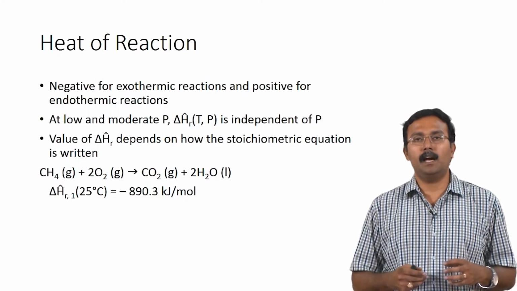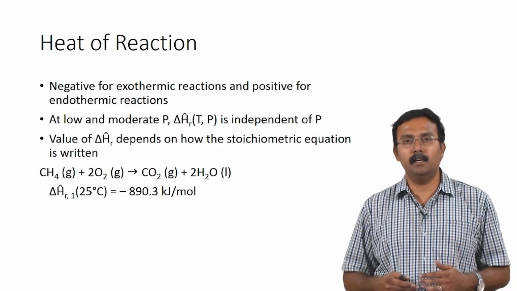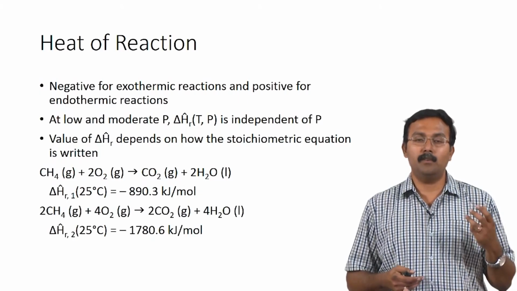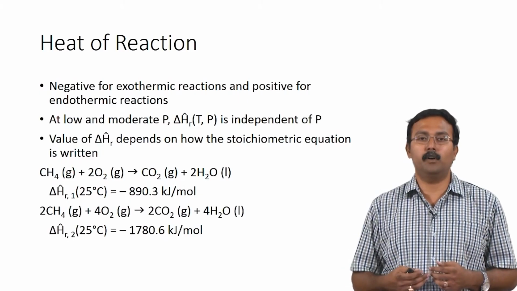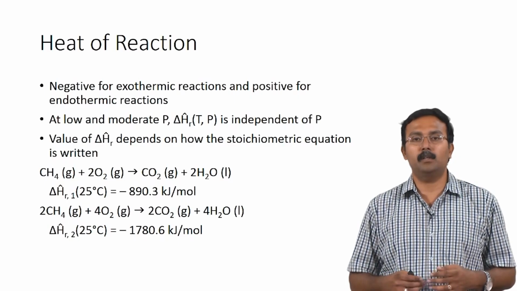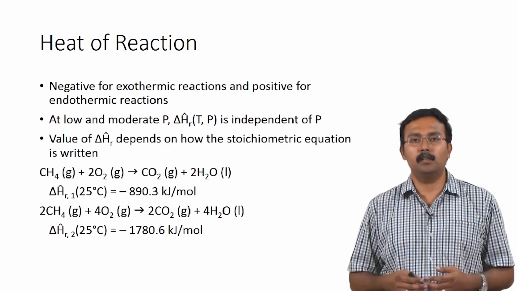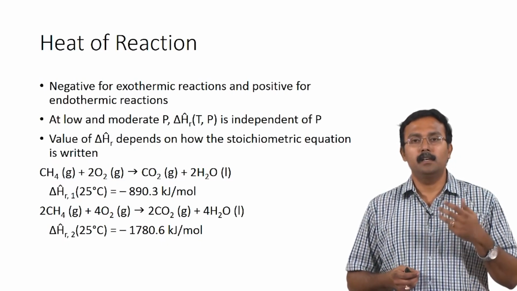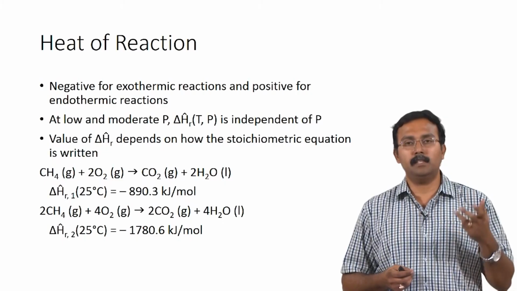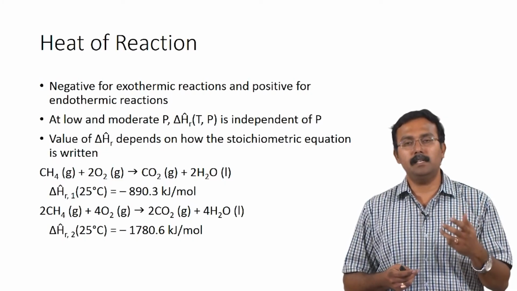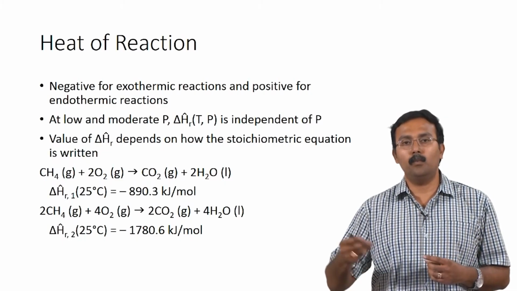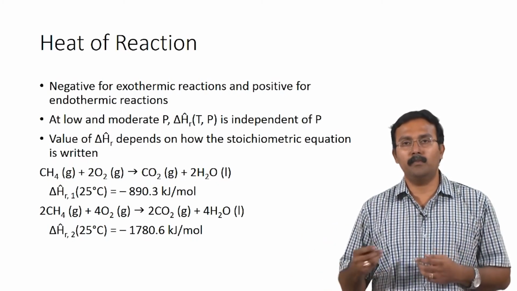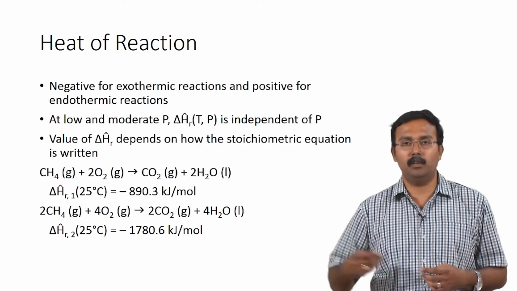However, if I have this reaction written slightly differently with 2 moles of methane reacting, then you have 2 moles of methane reacting with 4 moles of oxygen to form 2 moles of carbon dioxide and 4 moles of water. So, finally, your heat of reaction would also be double, because the heat of reaction for the first reaction is minus 890.3 kilojoules for 1 mole of methane reacting, or 2 moles of oxygen reacting, or 1 mole of carbon dioxide forming, or 2 moles of water forming.